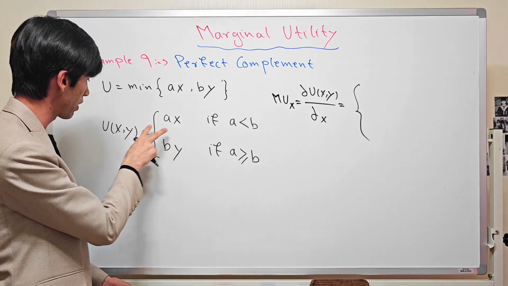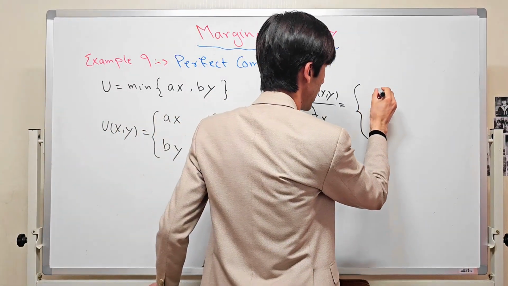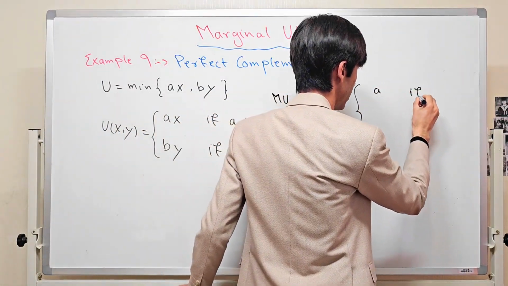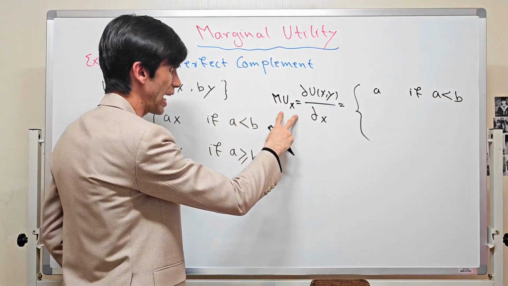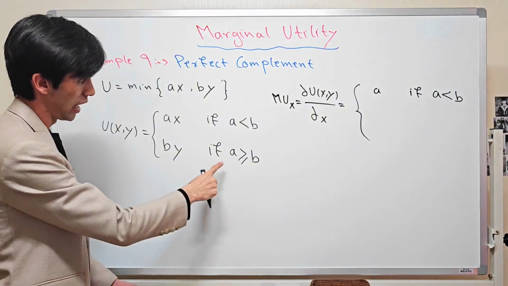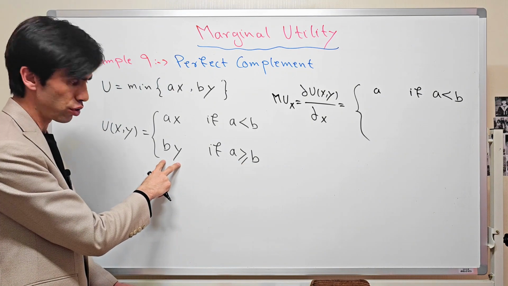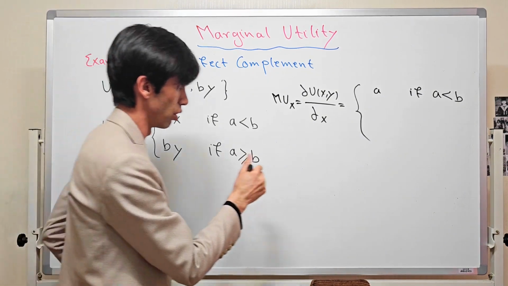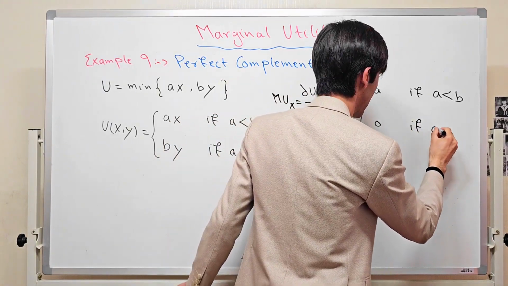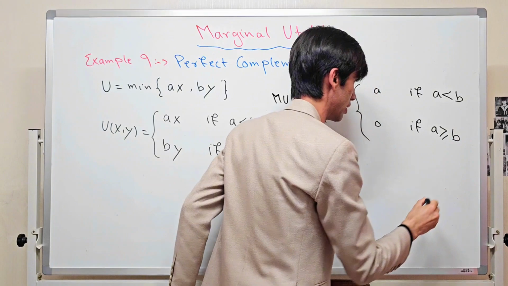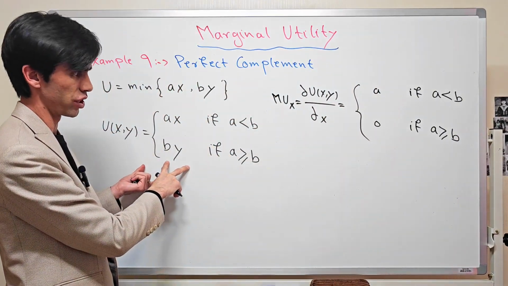Then when we take the derivative, it will become a, if a is less than b. But for the marginal utility of x, if a is greater than or equal to b, then the utility function will change to by. We don't have any x term here, so it will change to 0, if a is greater than or equal to b. This is the marginal utility of x.